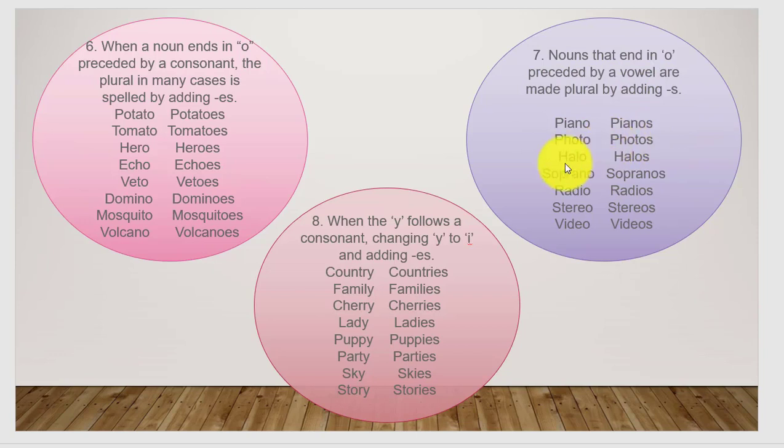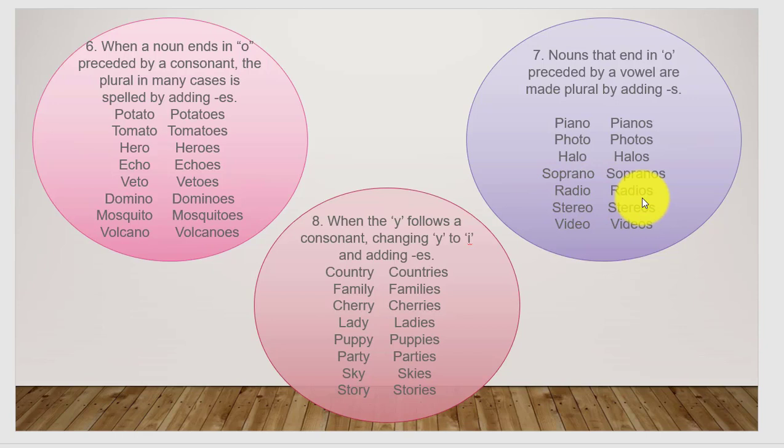Up to this point, you can see there are exceptional cases where we add s, but the remaining follow the rule. These are exceptional cases: piano, photos, halos, and sopranos.